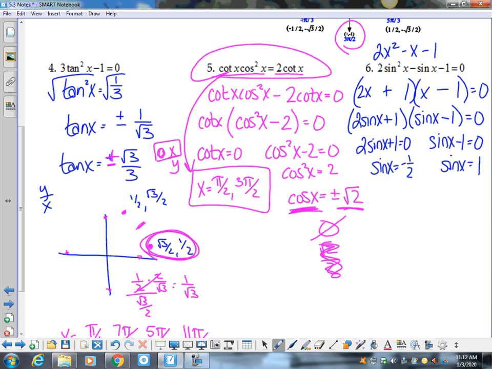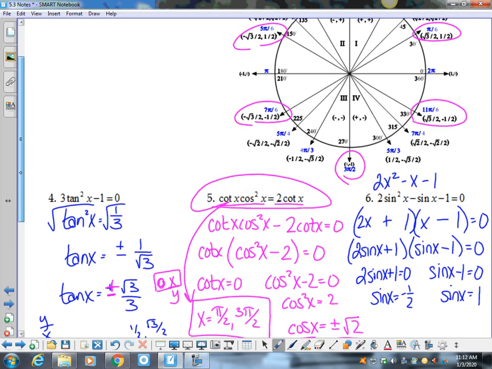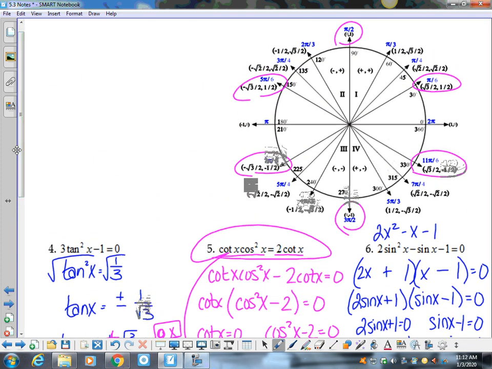So I'm going to give you a second and let you look at the unit circle and find where sine is a negative 1/2. So that would have to come from a ugly pretty. Negative 1/2 is going to be there and there. So the answers here are going to be 7 pi over 6 and 11 pi over 6.